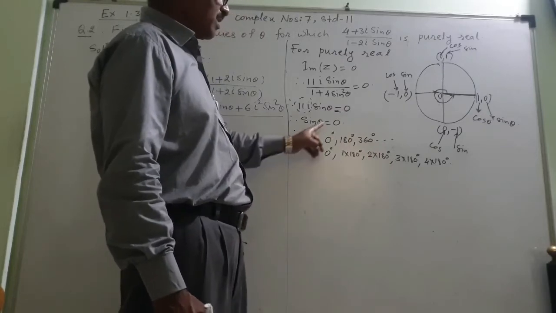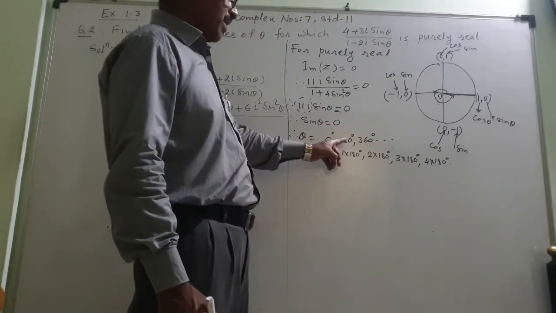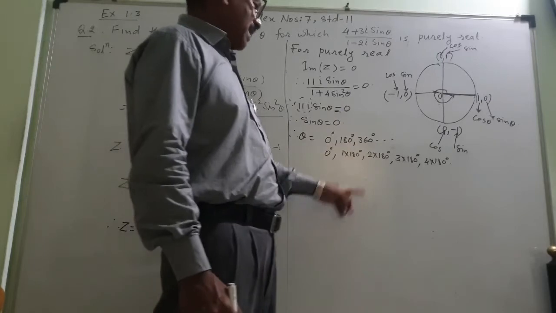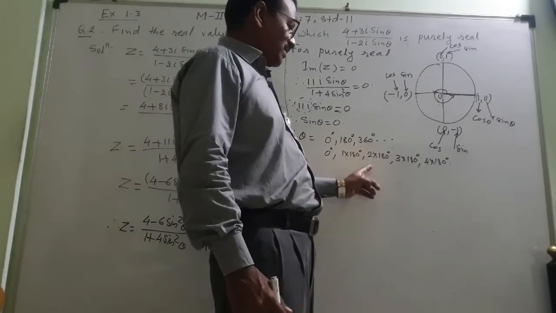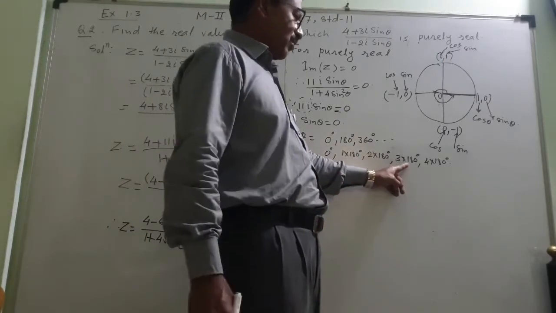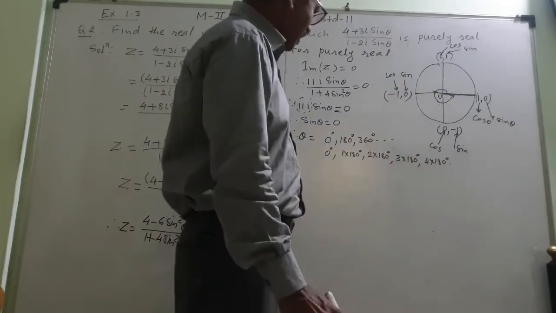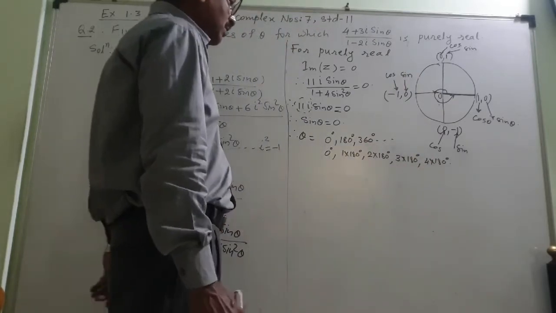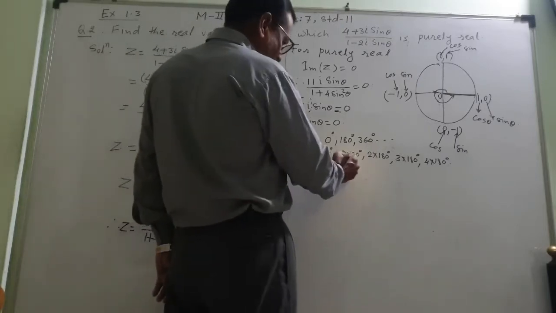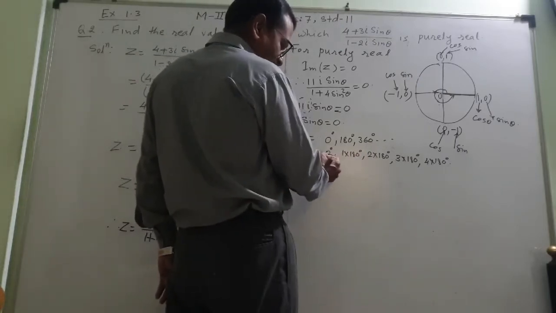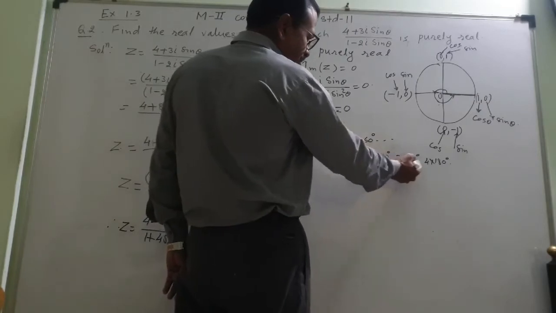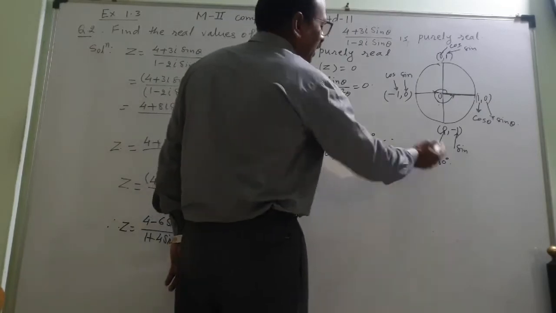If you go like this, everywhere sine will be 0. Sine 0 will be 0. Sine 180 will be 0. Sine 360 will be 0. Sine 540 will be 0. Sine 720 will be 0. Try to understand this. So this is nothing but 0, 1, 2, 3, 4 into 180.